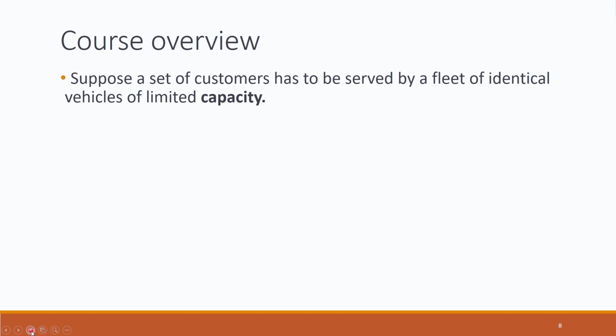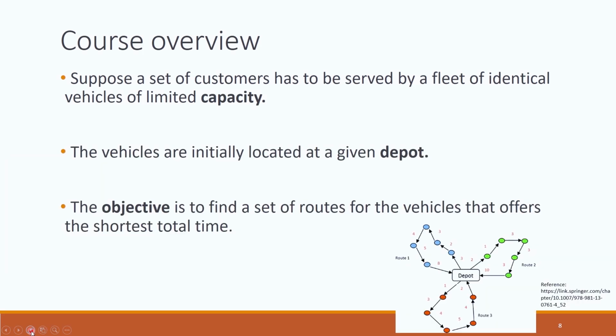So for example, they cannot carry goods beyond a particular number, and initially it is given that all of these vehicles are located at a given depot. The objective of this problem is to find a set of routes for the vehicles that offer the shortest total time. So here you can see these 3 tours which are shown. In the center we have a depot node, so all of the vehicles are located there.